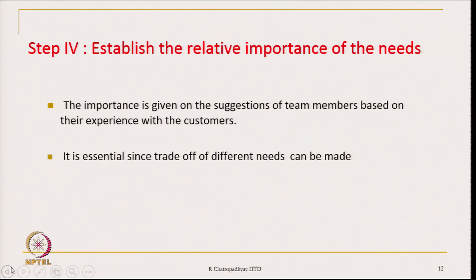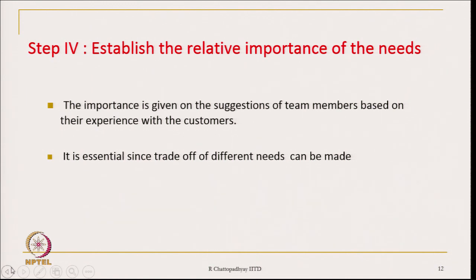The customer's feedback is most important here, or the people in the marketing department, because they are always in touch with the customers. They can also give you some idea about the importance of different needs.